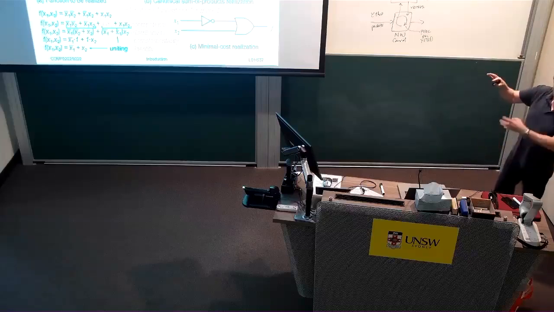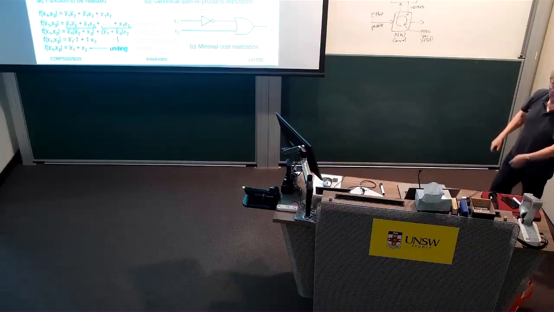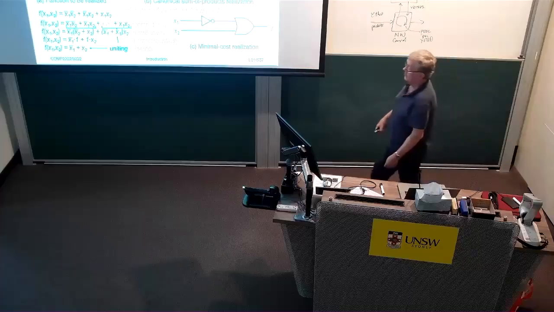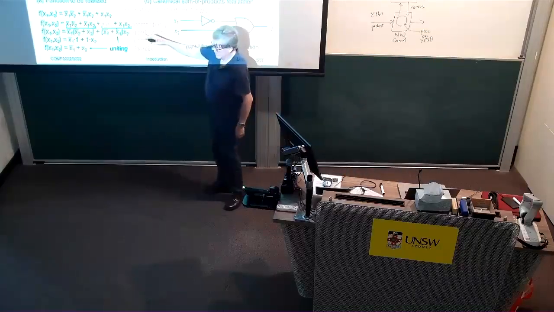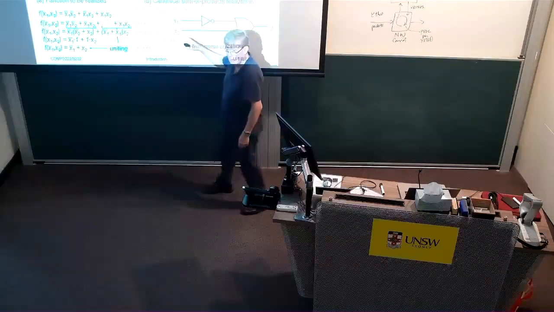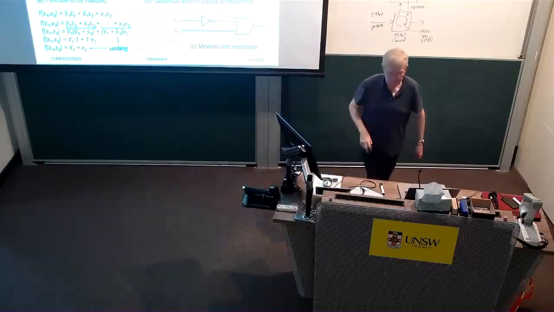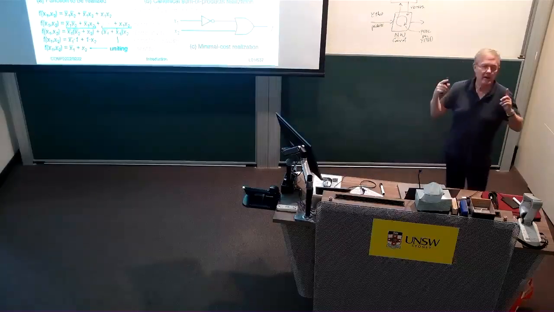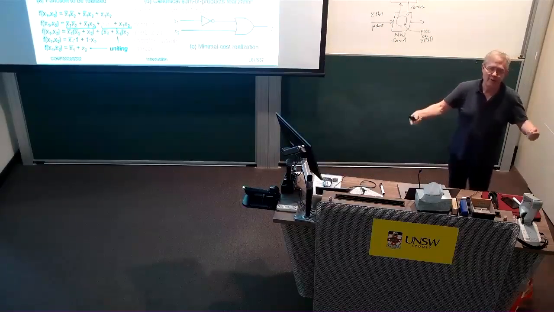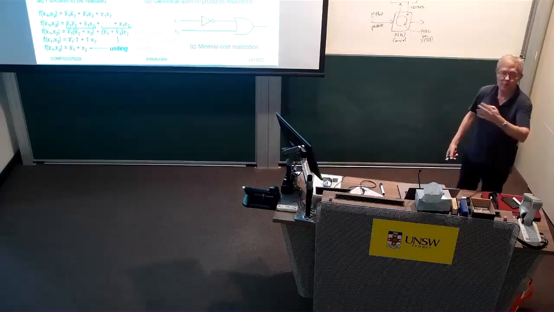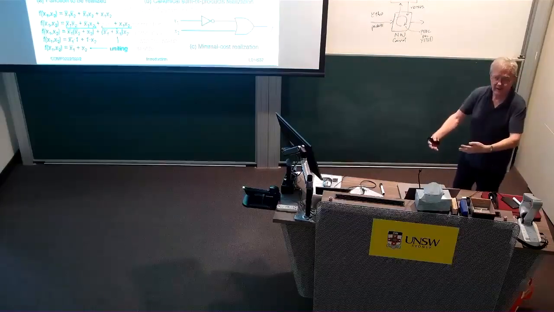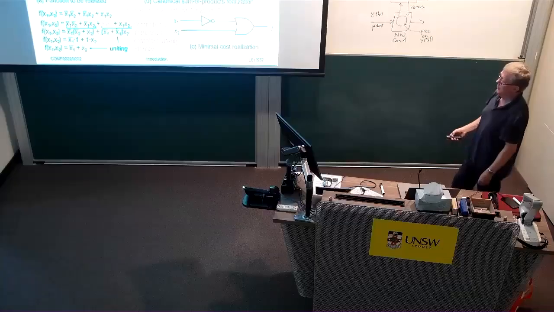So that's why we wanted to know about Boolean algebra, so that we could systematically simplify expressions. Albeit we have to be able to recognize the opportunities for when to apply it, and we'll talk more about ways of guaranteeing that soon.